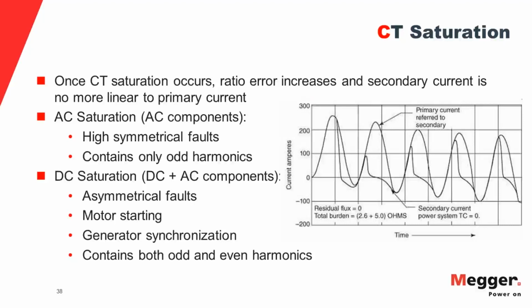The other, which is a severe case, is caused by a DC component inside the current waveforms. This DC component comes into the picture when you have asymmetrical faults, or if you synchronize a generator, your CT might saturate.